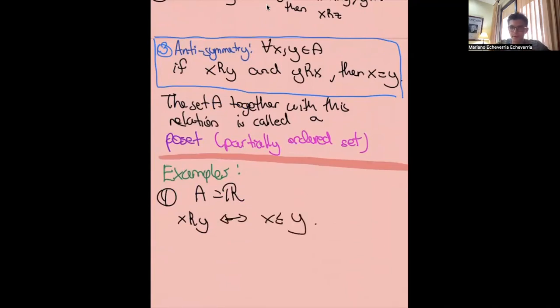We already saw that this one works, because this was our model that we used to come up with this definition. So it's reflexive because x is less than or equal to x. Transitive because that's how the ordering relation works for numbers, and then antisymmetric because of what we had said.